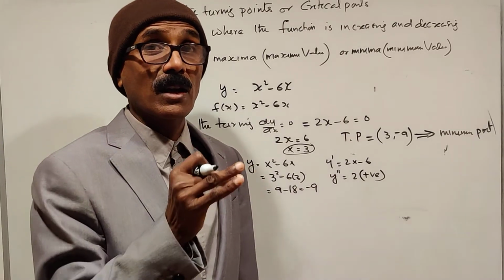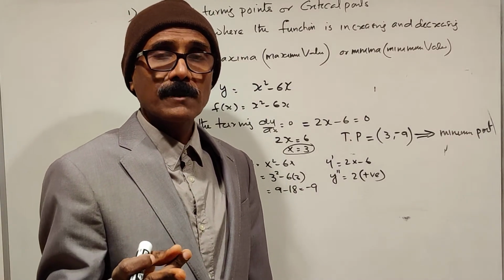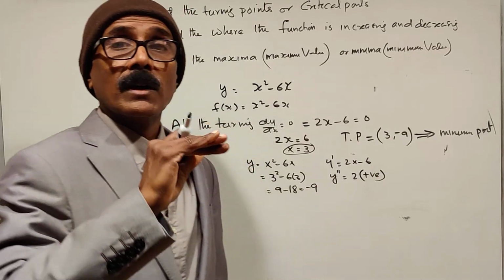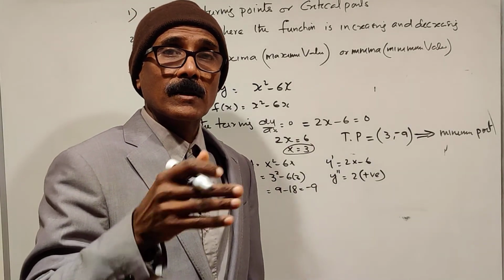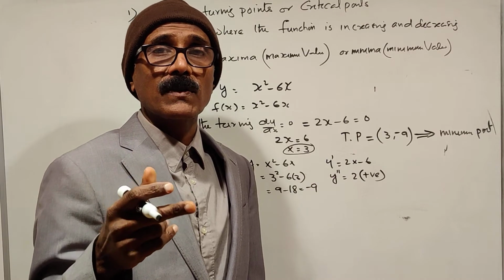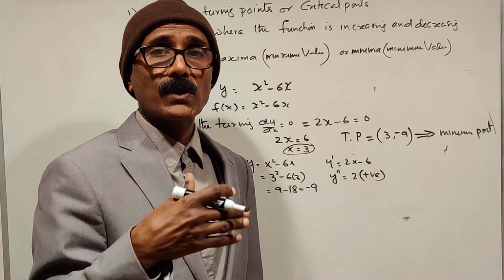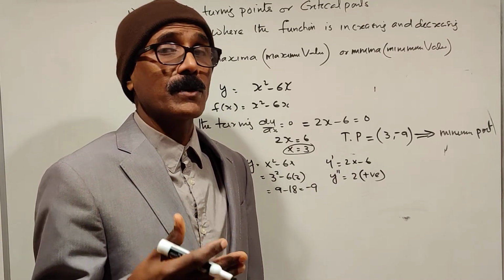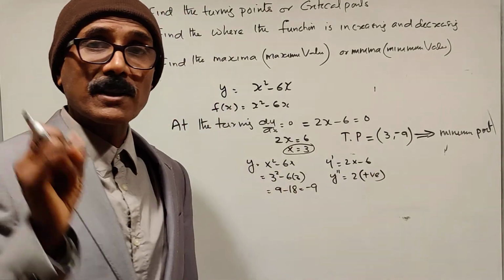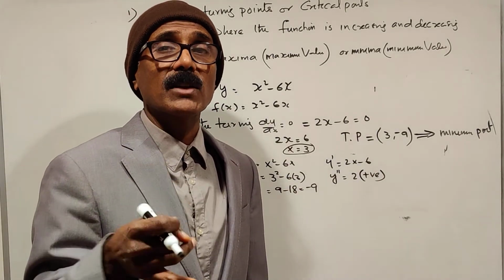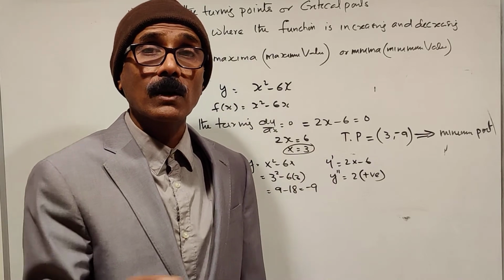Yesterday we learned 3 important things. One, for a decreasing function, the first derivative is negative. For an increasing function, the first derivative is positive. At the turning point, the first derivative is 0, or dy by dx equals 0.